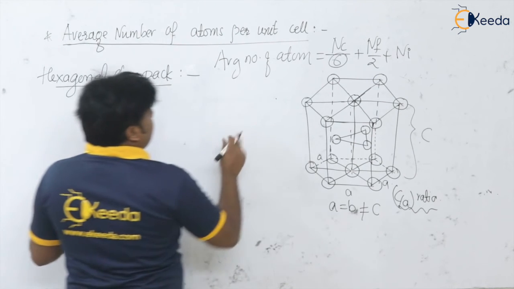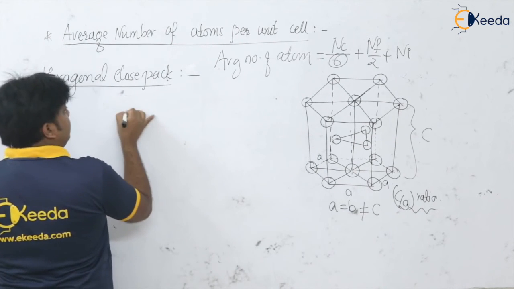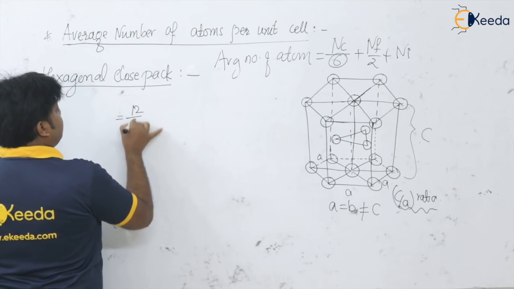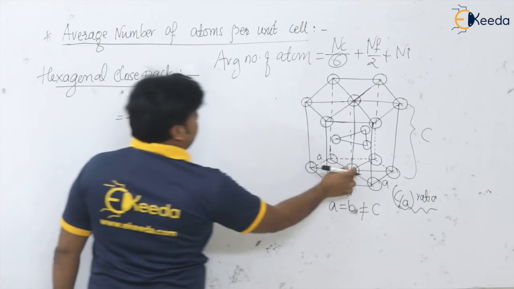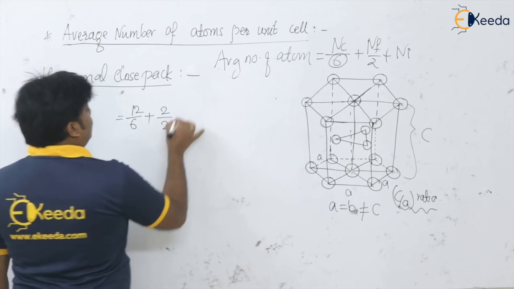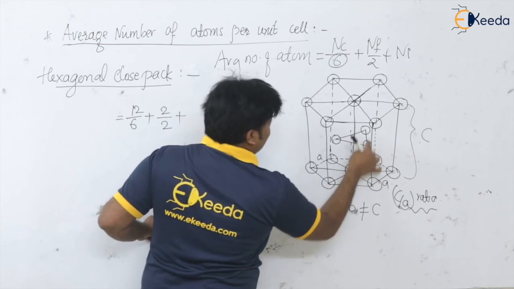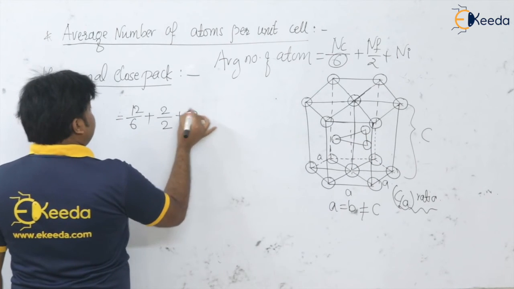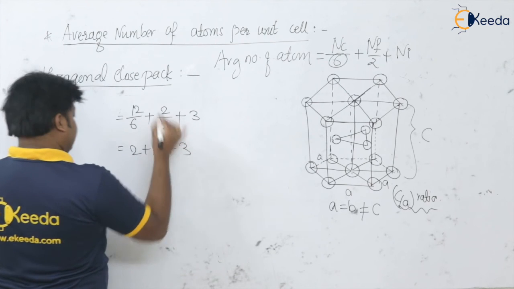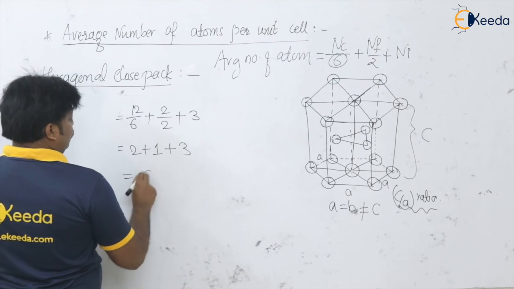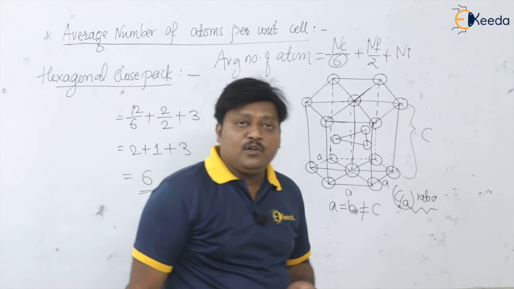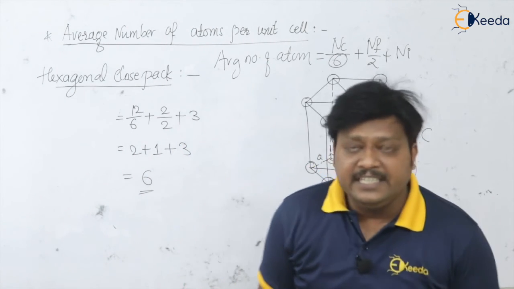So we know that Nc will be 12 corner atoms, so 12 divided by 6 plus फेस कितने हैं? 1 2, सो 2 divided by 2 plus इंटीरियर में कितने हैं? 1 2 3 इंटीरियर, so 2 plus 1 plus 3, so totally how much? So 6, please remember.